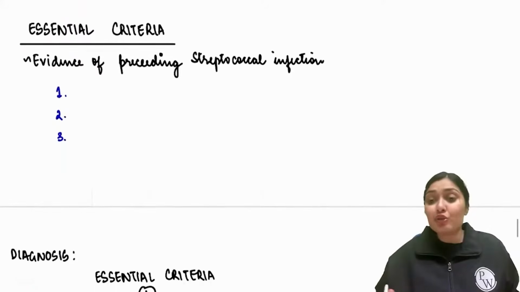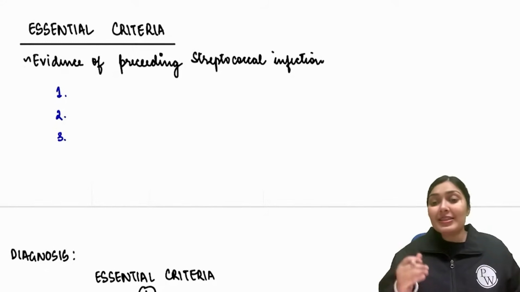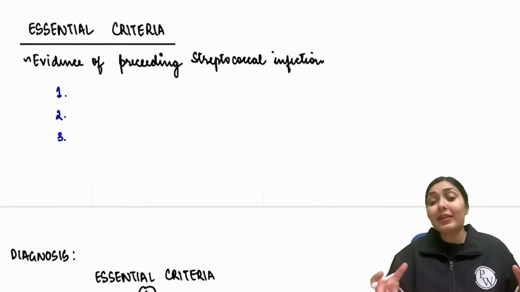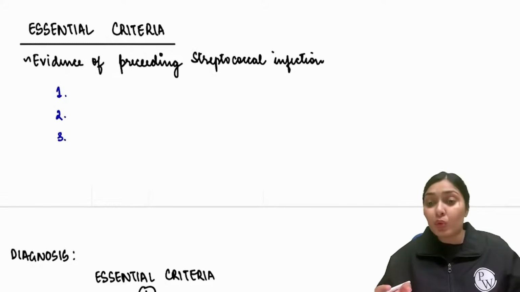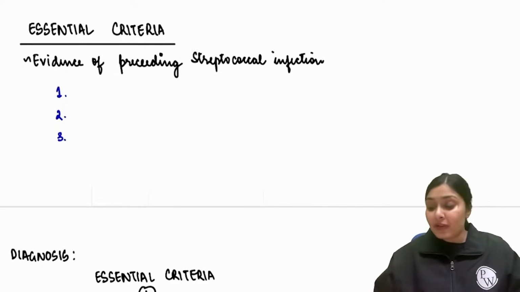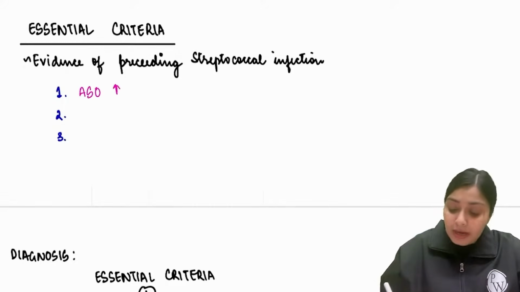Then comes the essential criteria. What is the essential criteria? I told you this rheumatic fever is happening post-infection. Infection has to be the necessity. It is the essential criteria. So essential criteria is nothing but the evidence that there was a preceding streptococcal infection. So what will be the evidence by my body? Firstly, ASO, anti-streptolysin O antibody.